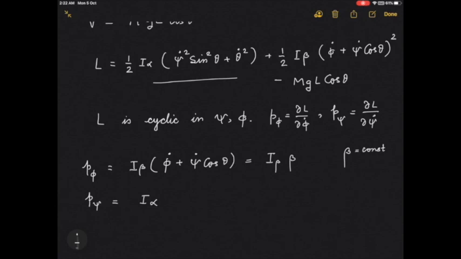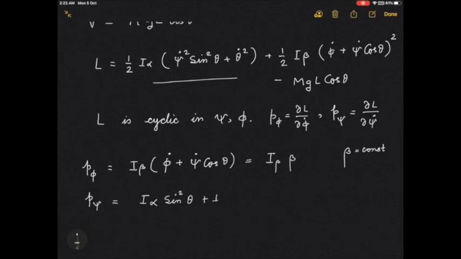So I can just write I alpha there. So I get I alpha sine square theta from here, times psi dot. When I do this differentiation, I will get I beta, and then I will get another psi dot cos square theta.